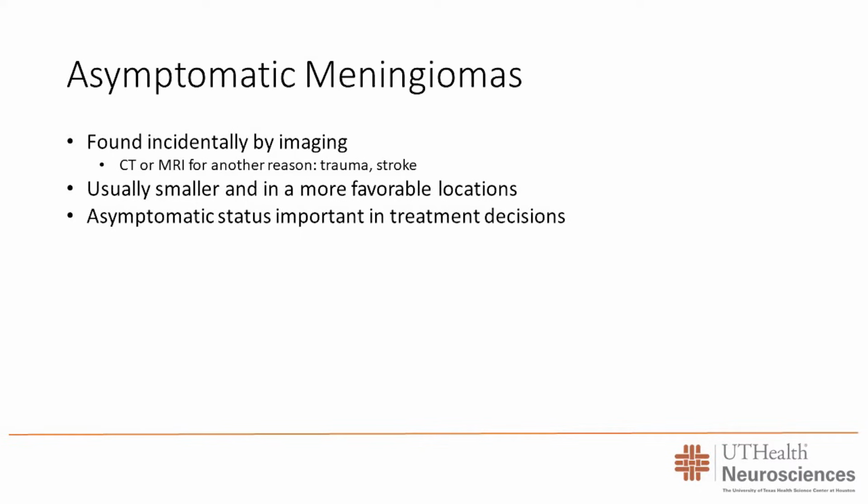Usually these are smaller and more favorable, and for a patient to have an asymptomatic meningioma, it means that when I examine them, they're normal. When you talk to their family, they say, you know, Dad hasn't changed at all, and you say, I don't have headaches or anything, I feel great. I would never have known something was going on. And that we call an asymptomatic status. They're usually smaller tumors. They're often in more favorable locations, and this is a very important consideration in whether we treat or not.